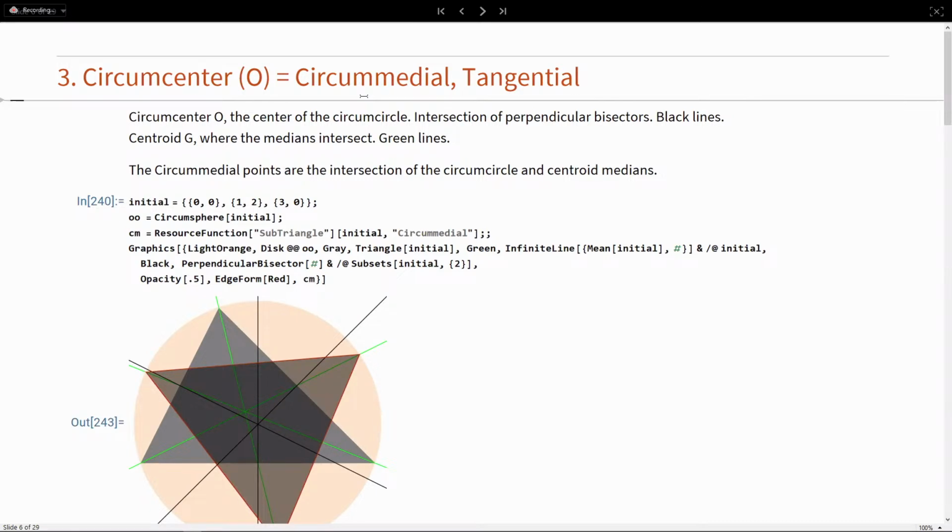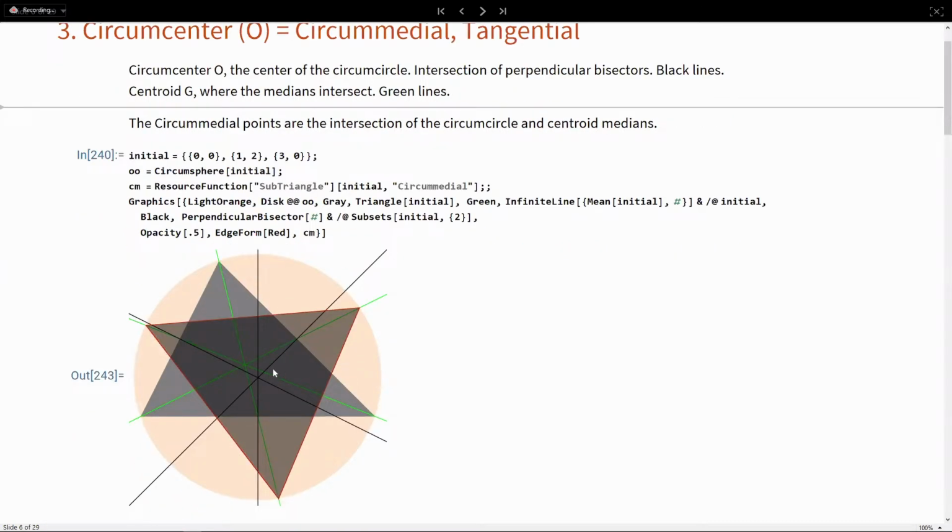Another point is the circumcenter, and here it gets more complicated. In black, we construct the circumcenter. The perpendicular bisectors intersect at a point which is called the circumcenter, and it is the center of a circle which goes through all three vertices of the original triangle.